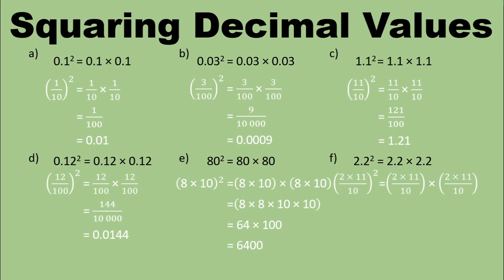So that's going to be 2 times 2 times 11 times 11, and multiply our denominators, which is 10 times 10. We've got 2 squared times 11 squared on the numerator, and 10 squared in the denominator. That's going to be 4 times 121 over 100, which is simply 4.84. See what I mean about how fractions help?